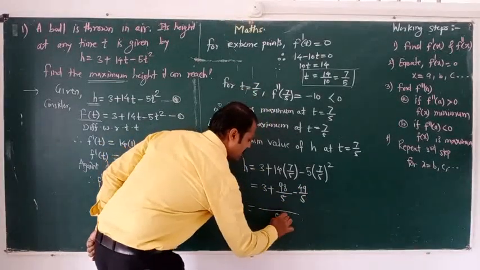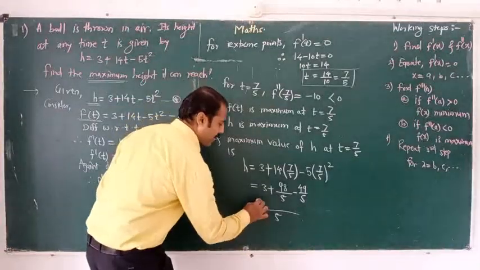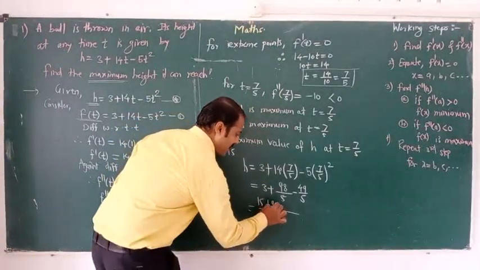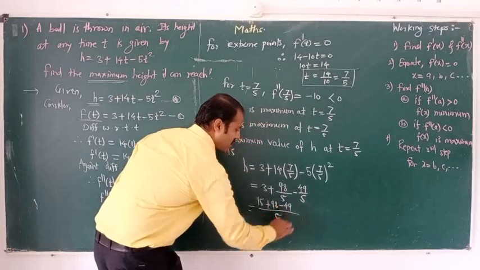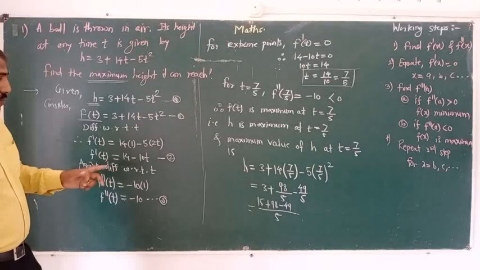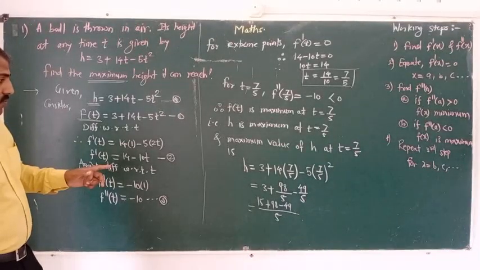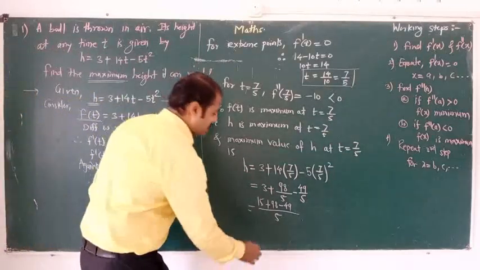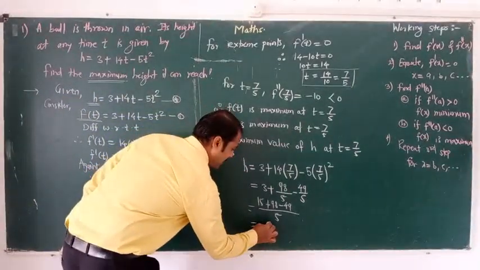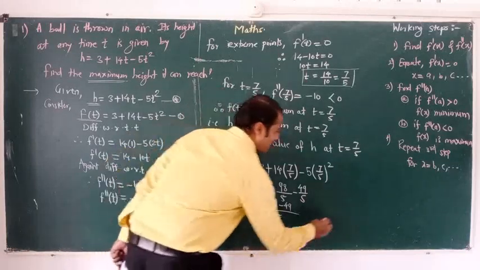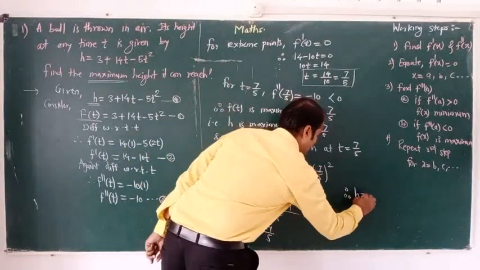Making the denominator the same, it's 5 multiplied by 3, 3 into 5 is 15, plus 98 minus 49. 98 minus 49 is 49, plus 15 is 64, divided by 5.